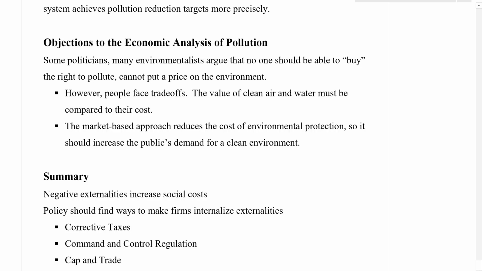So we measure this by using dollars, and when we do so, we can put the tools and policies in place which are going to allow us to move toward that socially optimal level. Okay, and so that's the main idea there for the chapter.